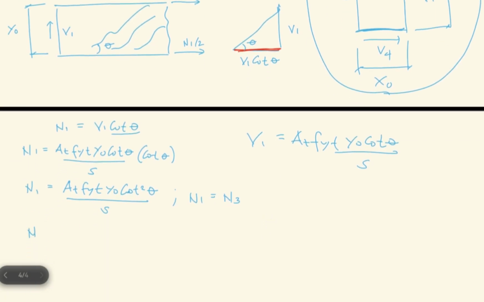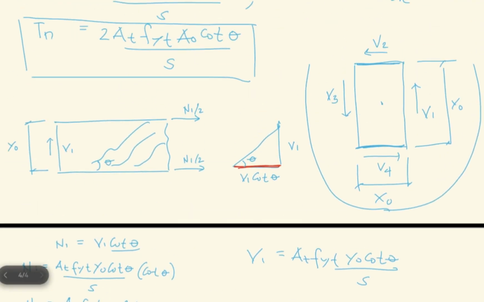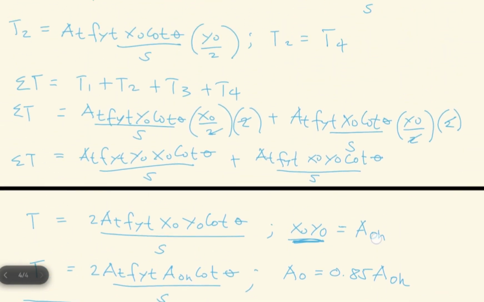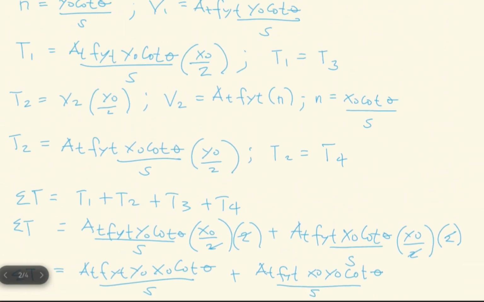Now solving for N2, this is equal to V2 cotangent theta, and that V2 was earlier determined as equal to this.